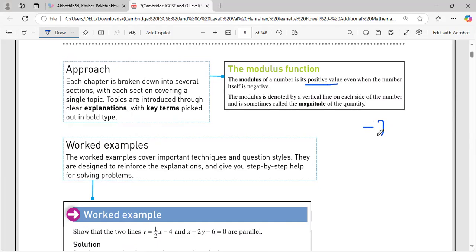If I write -2 and put two vertical lines on both sides, this is the modulus of -2. So the modulus of -2 is equal to 2, and also the modulus of 2 is equal to 2. It means that the modulus makes the negative number positive.